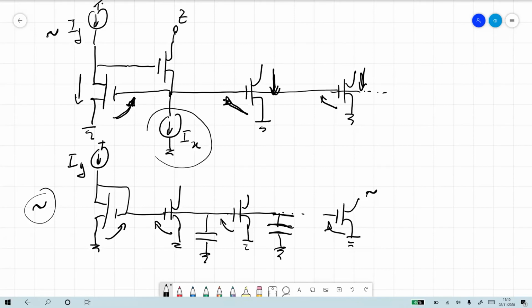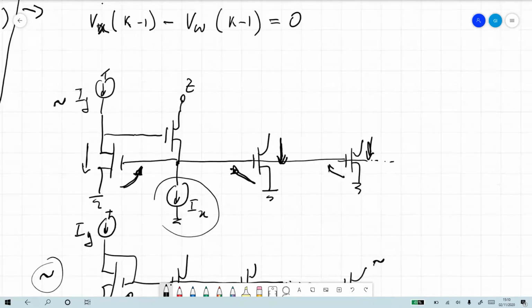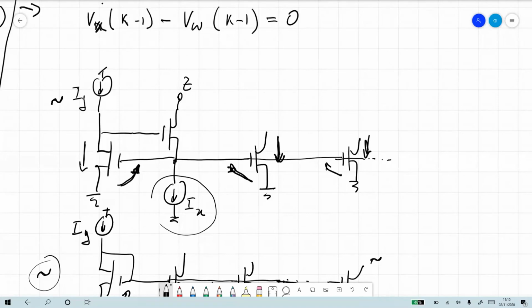If you have a current conveyor, let's see what happens on the top part of the circuit here. If I apply an input signal that's changing slowly over time, what happens to this voltage? Is this voltage going to be changing? I still have the same capacitors because it's a long wire. I have lots of transistors, so I have lots of capacitors. But the gate voltage here is actually being clamped by the extra transistor of the current conveyor. So you see there is this feedback mechanism with the current conveyor circuit.